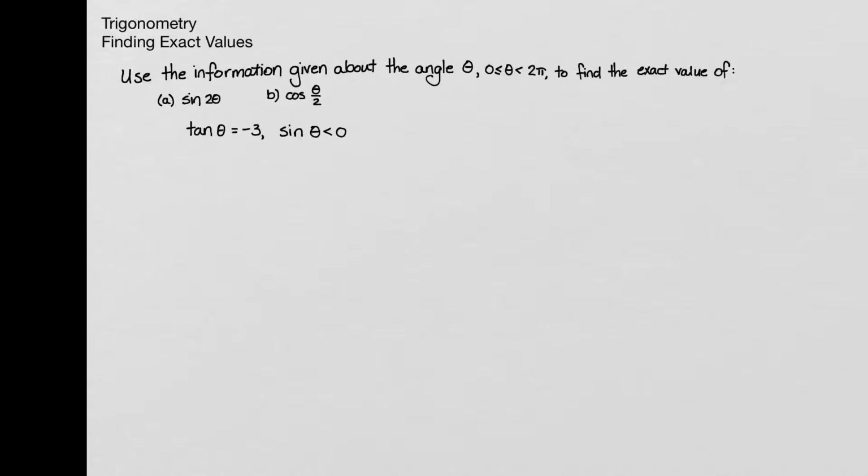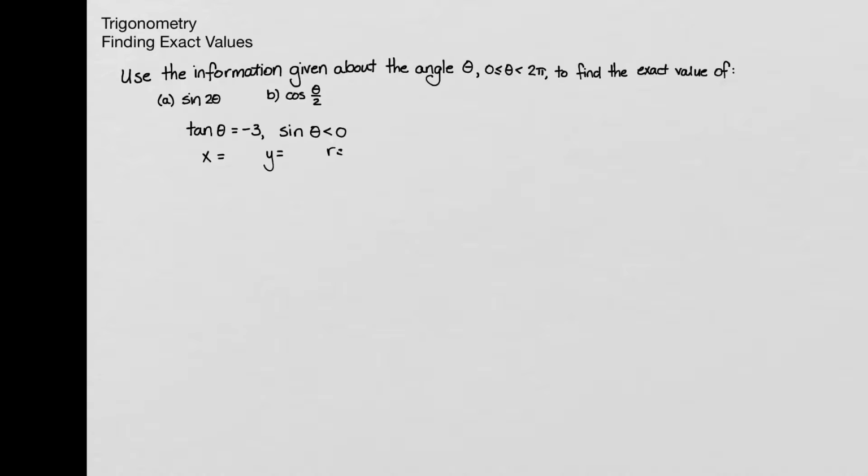So I'll start by finding the values of x, y, and r for our angle theta. Since the tangent of theta equals -3, I can say x, y, and r. What are those going to equal?